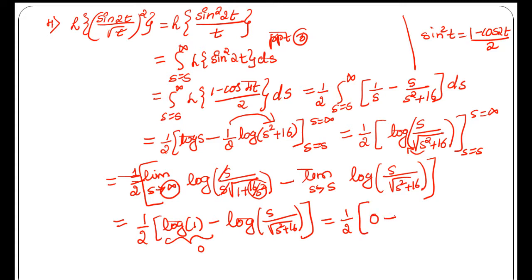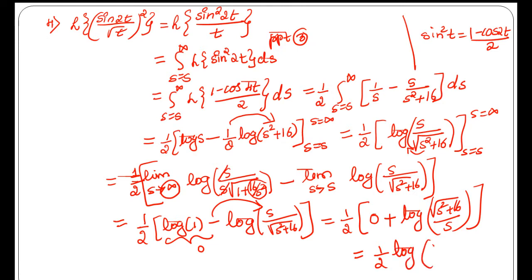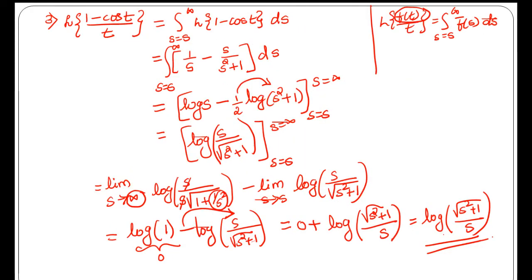So half times 0, the minus sign I will take here, that is log of s by root of s square plus 16 to the power minus 1. So interchange the numerator and denominator, that is root of s square plus 16 by s. Our final answer is half log of root of s square plus 16 divided by s. Okay, let's move to the fifth question.